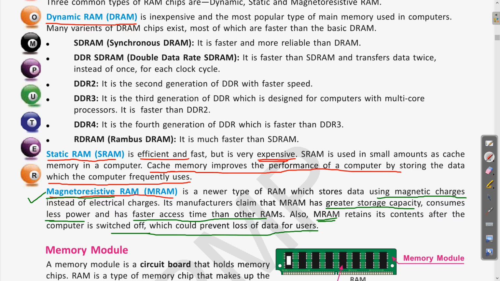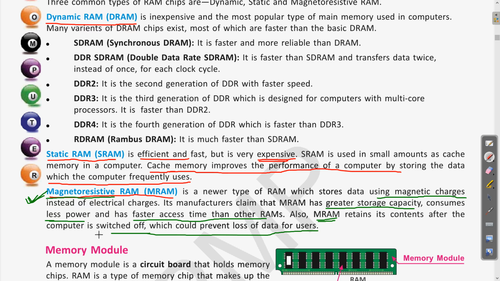Clear? So these days, in modern laptops and expensive devices, MRAM is being provided, because of which the things present in the MRAM are not deleted, and when you switch it on back, you will find exactly the program or the file you were working on, all the contents will be there, it will not be deleted. Clear? So this is the variation of the RAM in which the content is not volatile.